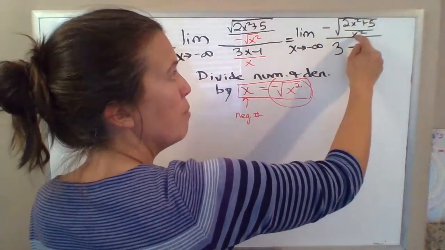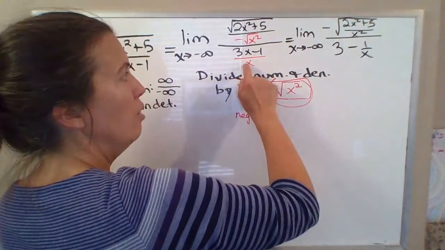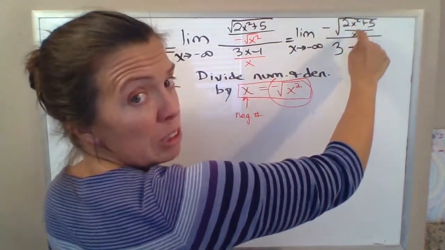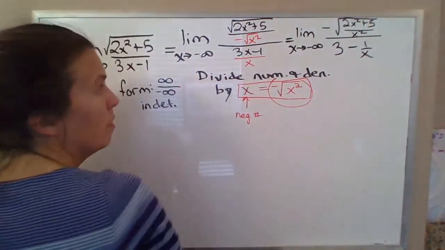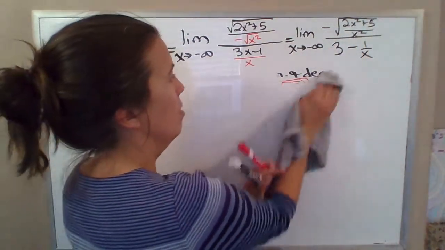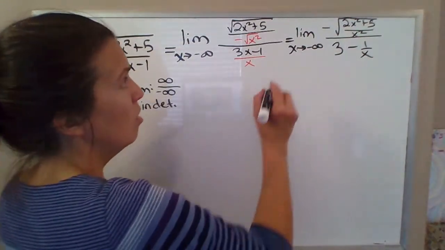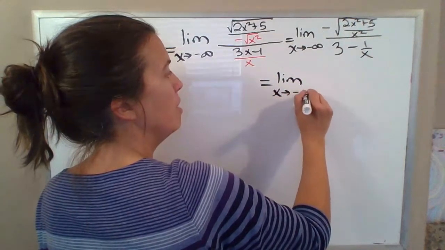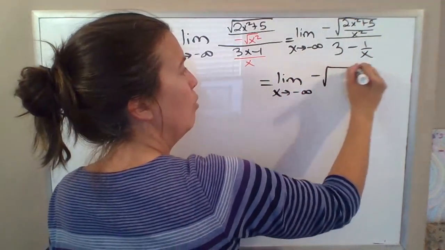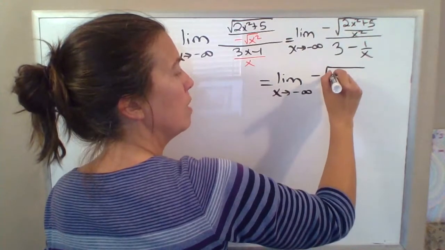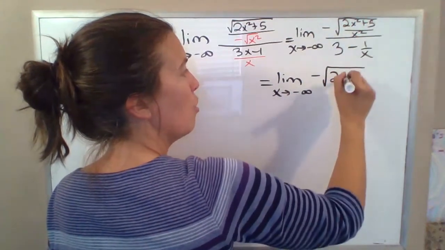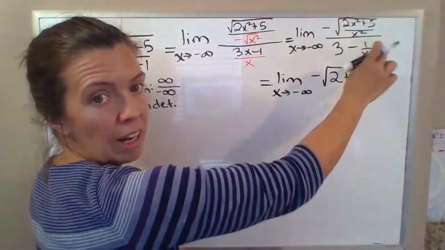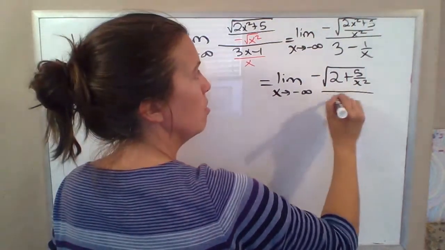In the next step, I'm going to divide both parts of this expression in the numerator by x squared. So this is equal to the limit as x approaches negative infinity of negative square root of 2x squared divided by x squared, so that's just 2, plus 5 divided by x squared. You're allowed to take your numerator and divide each part individually by this denominator. This is fine.